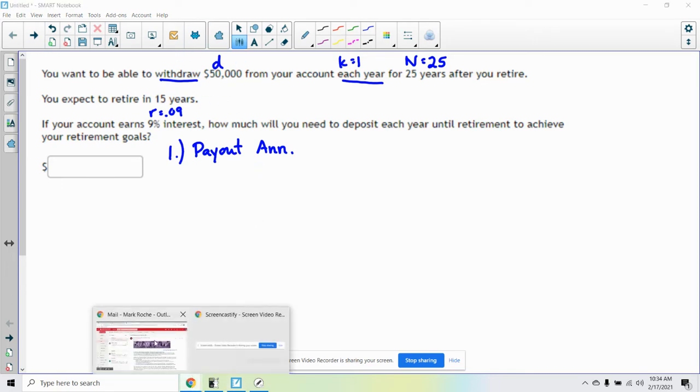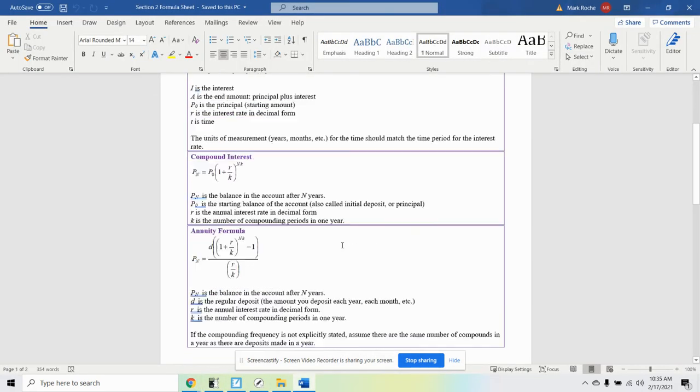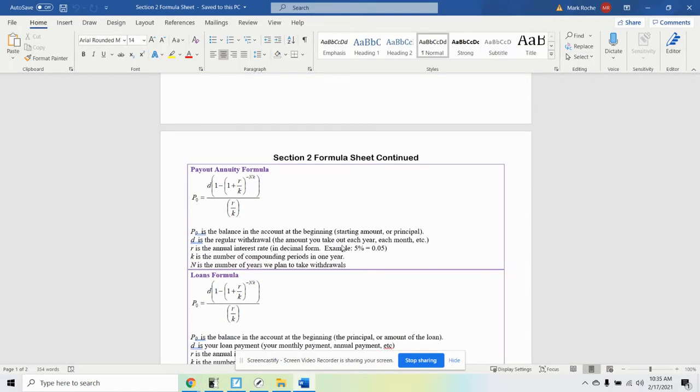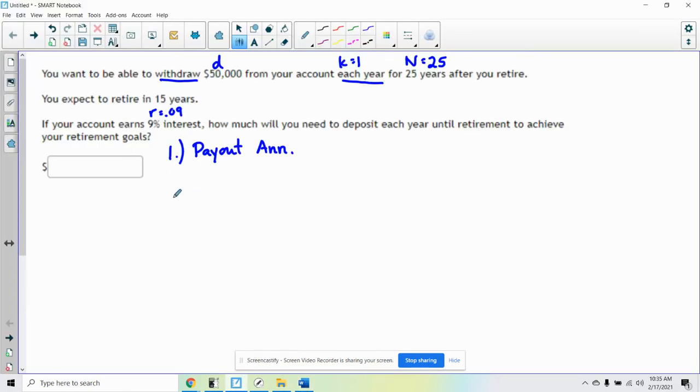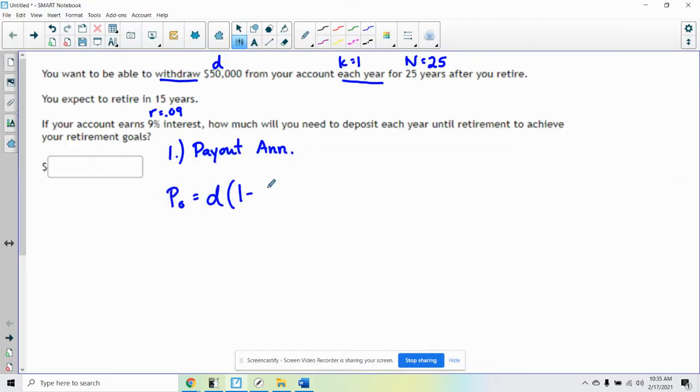Let me pause this and pull up the formula real quick. Okay, so we have our formula sheet. This is going to be a payout annuity. So here's our formula. We'll just write everything out with our variables in place. So this is going to be P sub 0 equals D times 1 minus, I believe. I always get these confused. Yep, 1 minus. Actually, I want to replace these with my values.